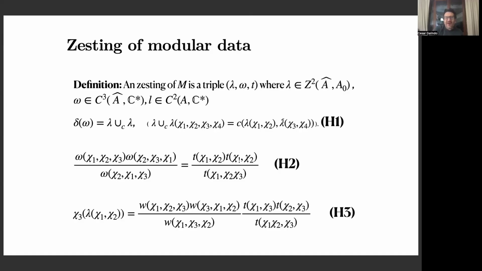So this bicharacter is used in order to produce the cup product. And later we have associated another condition that we call H2. Just to say, the idea is that this condition will imply the pentagon equation, this condition will imply one hexagon equation, and this condition will imply the other hexagon equation.